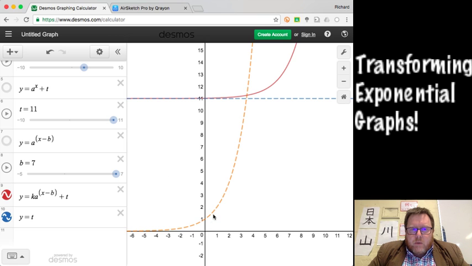Well, sorry, I should say we've gone across some units. We've gone up some units, and we've dilated it by 3 as well, which throws it all out. So putting all those in together means that our graph has been stretched out. That's the 3 times, and it's been moved across and up, as you can see.